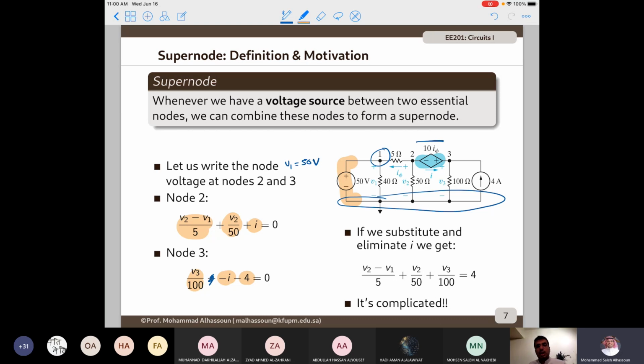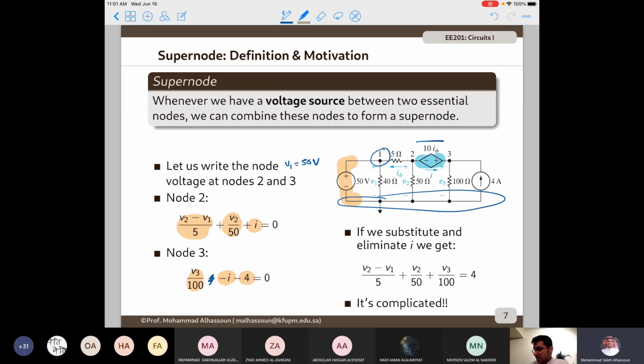So you see here, I have two unknown node voltages, but I have a dependent voltage source between two essential nodes. The problem with this voltage source in general is that we don't know the current, because remember, this is an ideal voltage source, so it maintains constant voltage no matter what the current is.